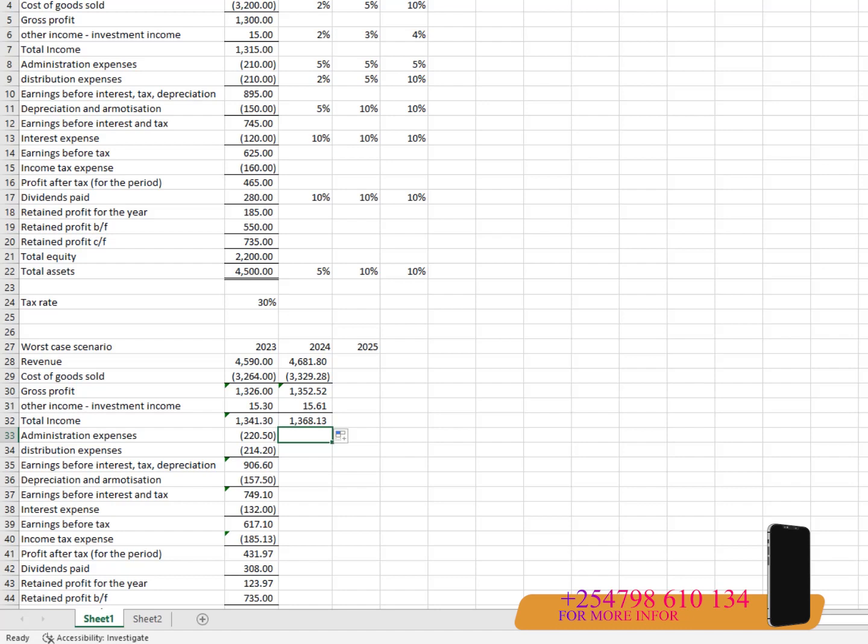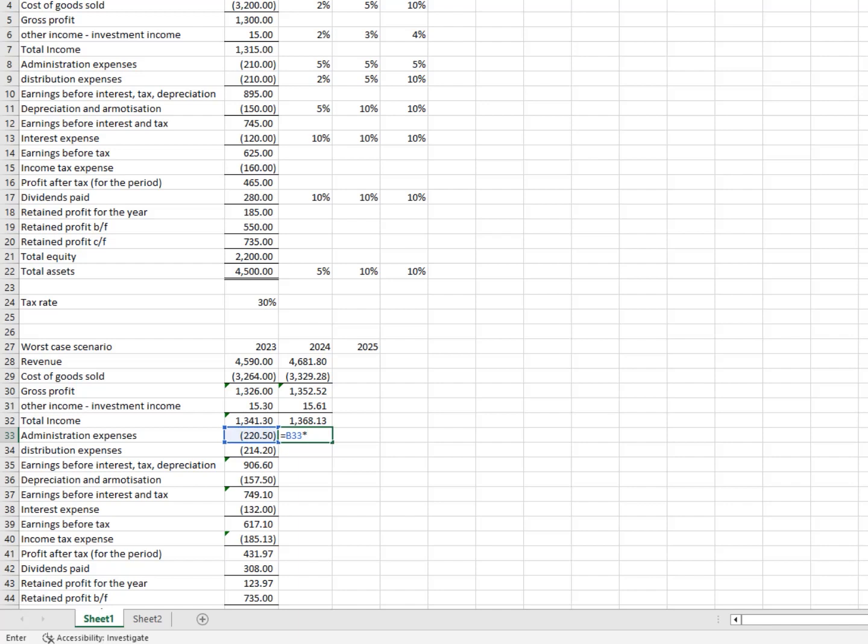Coming again to the administration expense, we type in equal sign, then we click the previous period multiplied by 1 plus the growth rate. Click enter. Distribution expenses the same.